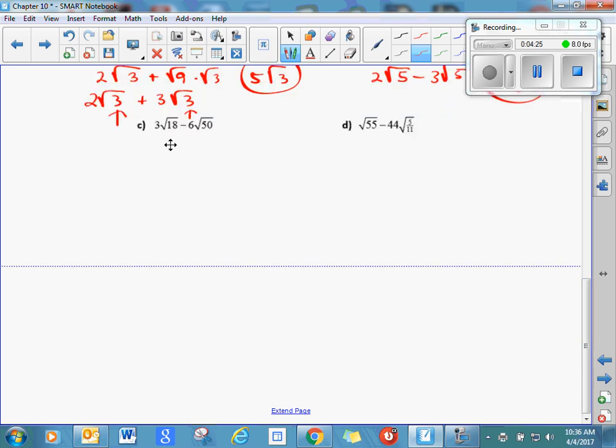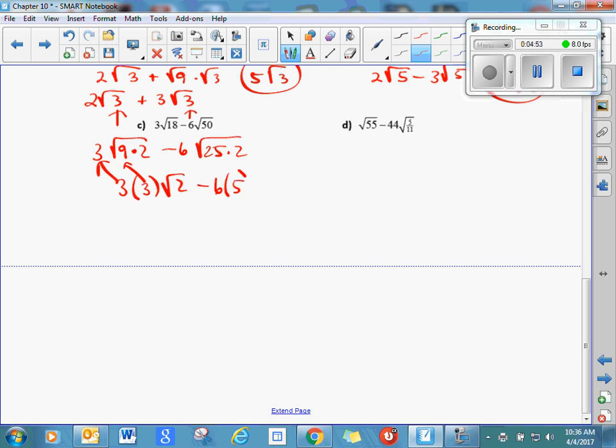Okay, this one. Again, I'm looking inside the radical sign. 18 is going to be written as 9 times 2, and 50 is 25 times 2. Now we can simplify that and say that's 3 times 3 radical 2. There's the first 3 right there, and here's the square root of 9 on the outside.